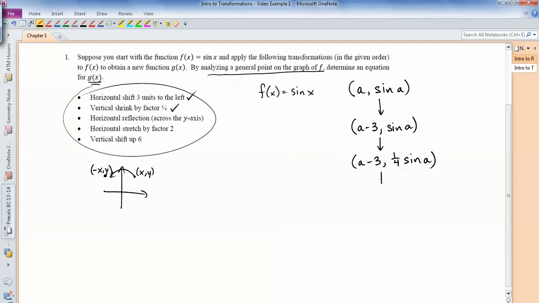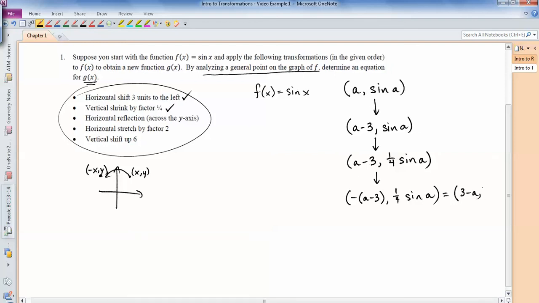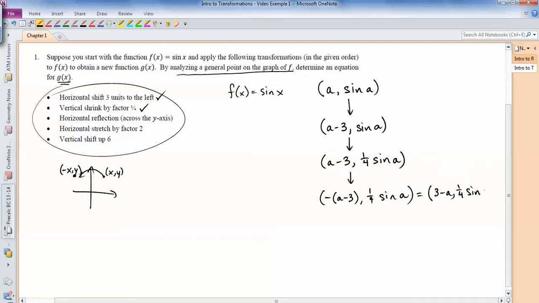So in order to change sign, that's like this, negative (a minus 3), comma 1/4 sine a. Another way of thinking about this, I'm just going to rewrite this right now. That's the same thing as positive 3 and a negative a, so it's 3 minus a, comma 1/4 sine of a.